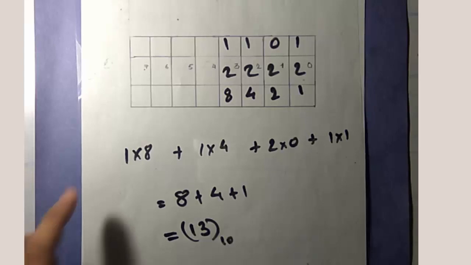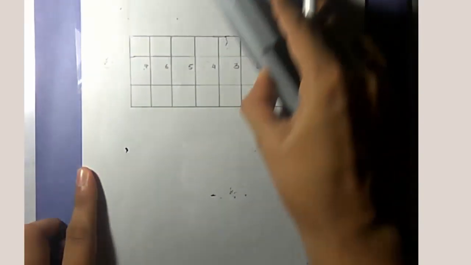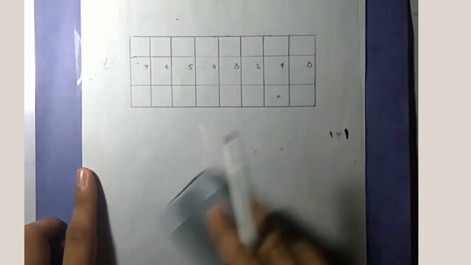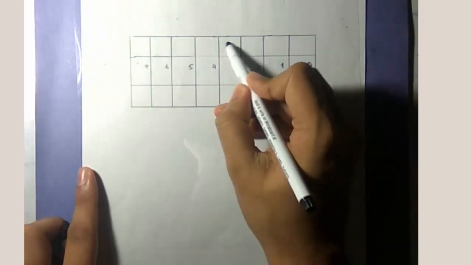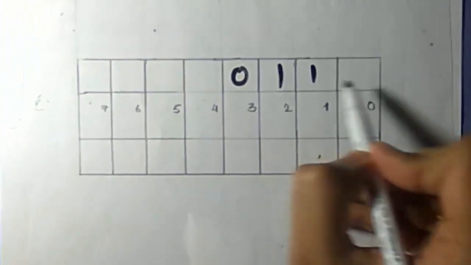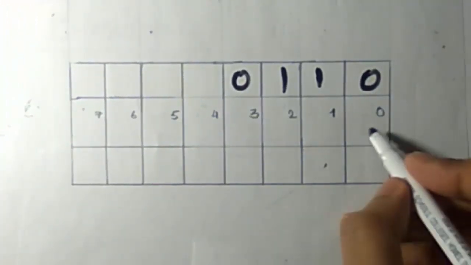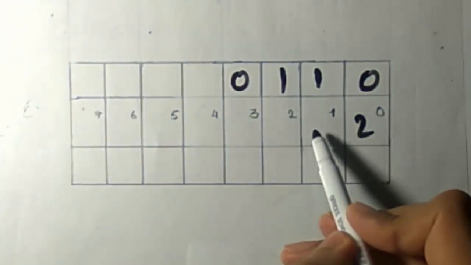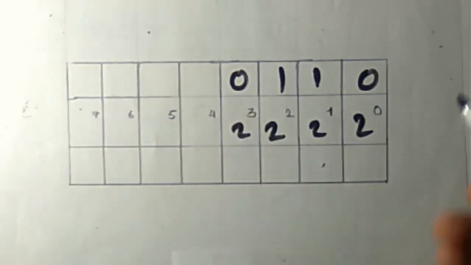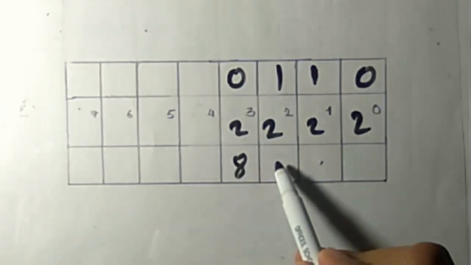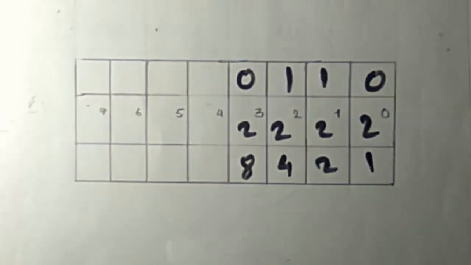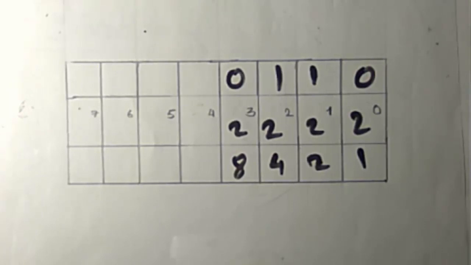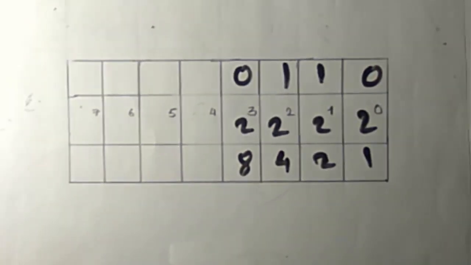Let us take another example. 0110. Now again we'll keep bases 2, which is 8, 4, 2, 1. Okay, so to calculate it, we'll again consider the same procedure.